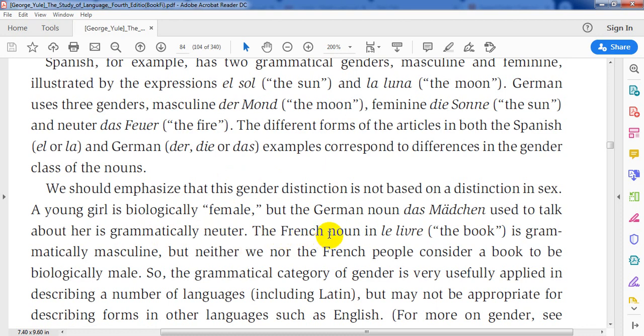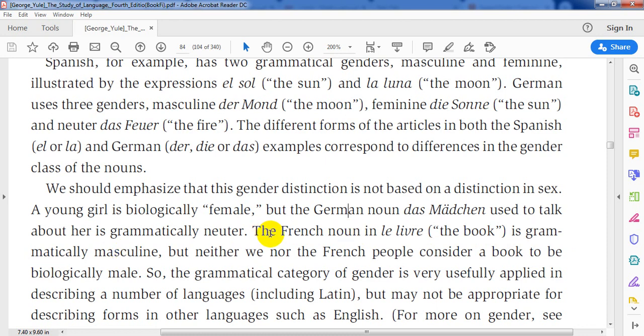Also the French noun le livre, the book, is grammatically masculine. And actually in Arabic, yes, we say هذا كتاب. We didn't say هذه كتاب.